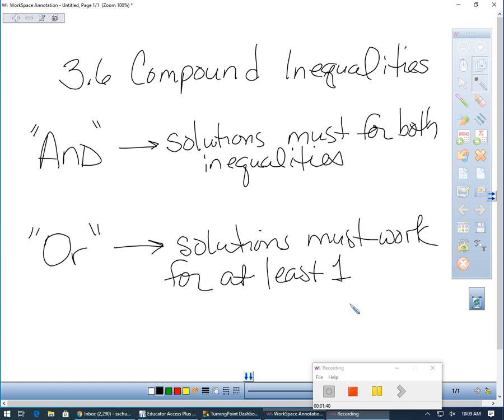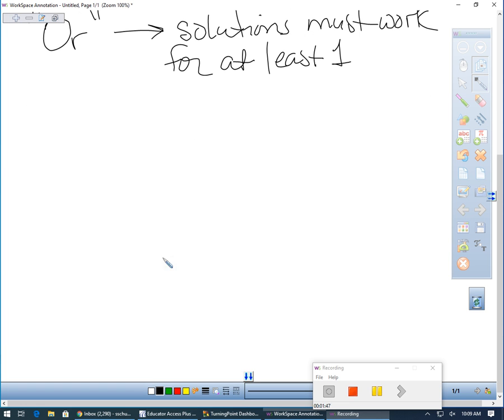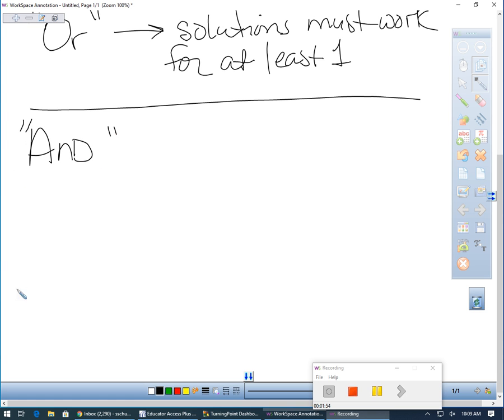All right. So I want to start by talking about and. So what I call and inequalities. What I'm going to refer to a lot is that the solutions are sandwiched in the middle.